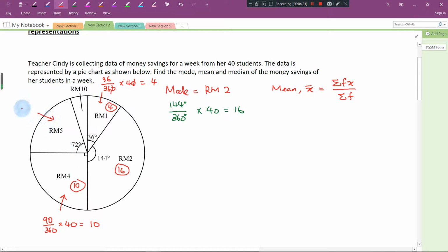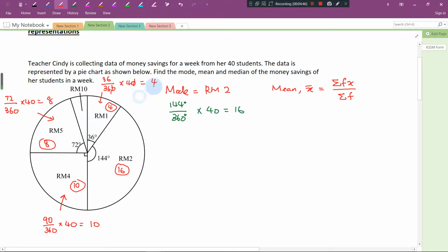So do the same thing for the rest. A full turn, 360. Out of 360, this sector takes up 72 degrees times 40. Okay, 72 divided by 360 times 40. So this is 8. We have 8 students over here. So the rest, you can calculate.